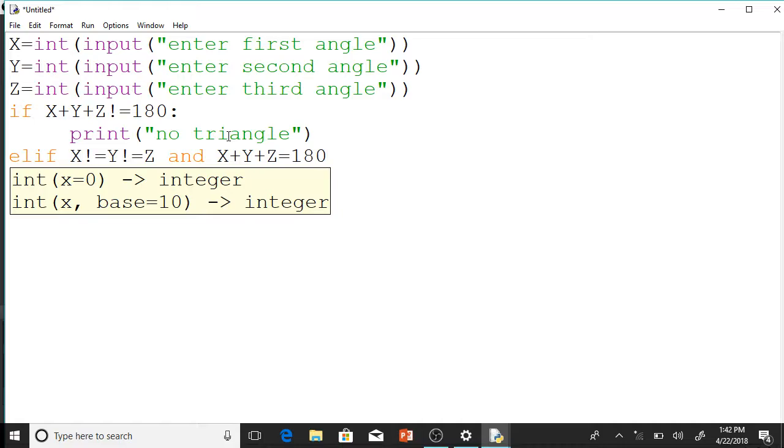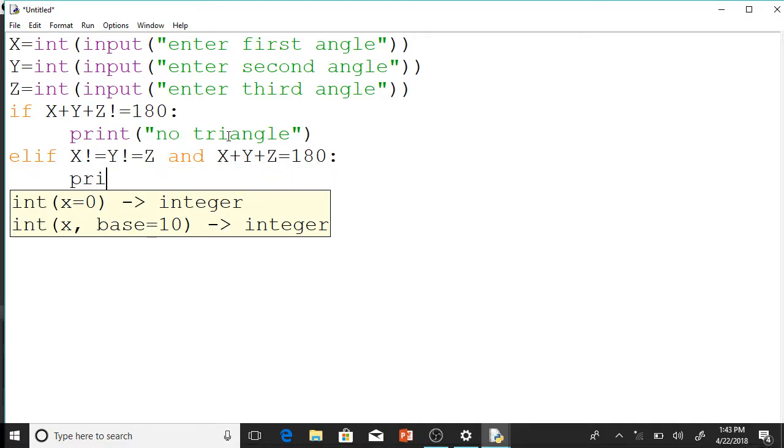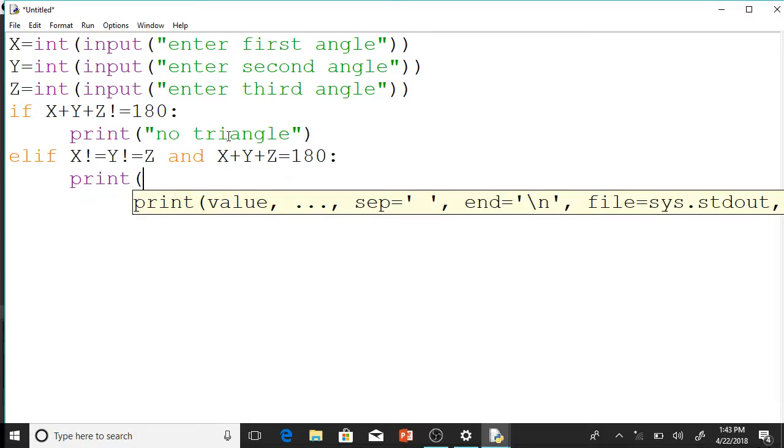So if x is not equal to y and y is not equal to z, but the sum of all the three angles of the triangle is 180, which must hold for it to be a triangle, then it is a scalene triangle. Print scalene triangle.